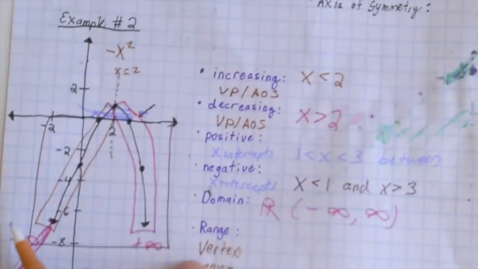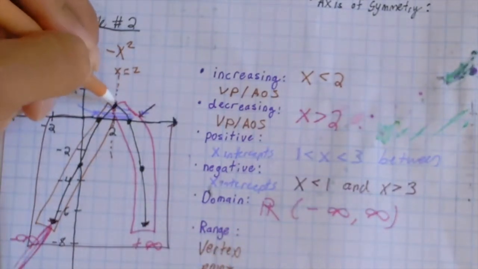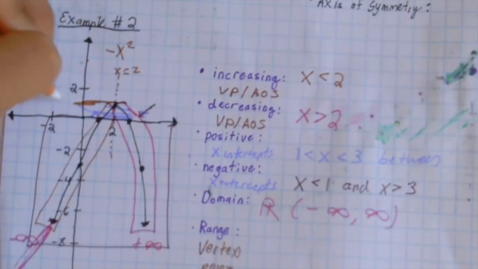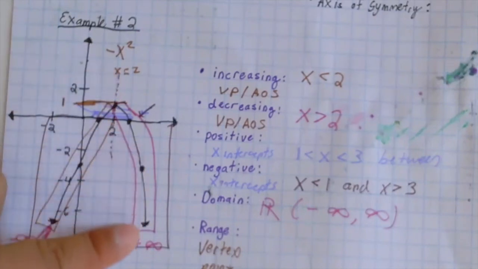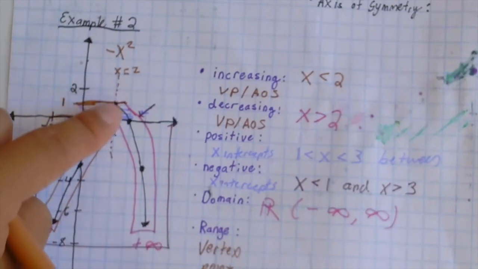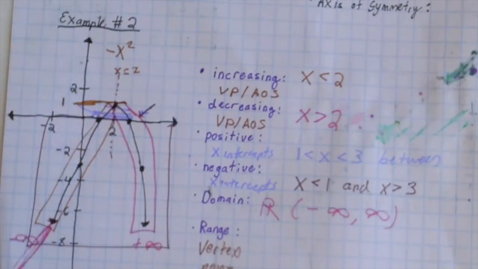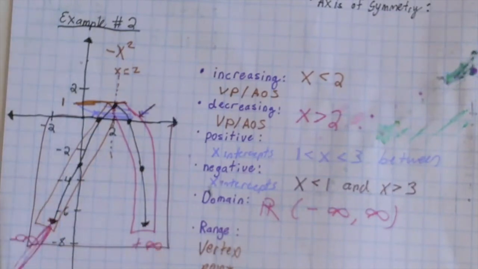And with the range, we look at the vertex, which is right here, the y part of the vertex, which is 1. Because it is a negative x squared, it's going downwards. So our range begins at 1 and it ends, well, again, we have two arrows, so that indicates that it's forever going downwards.